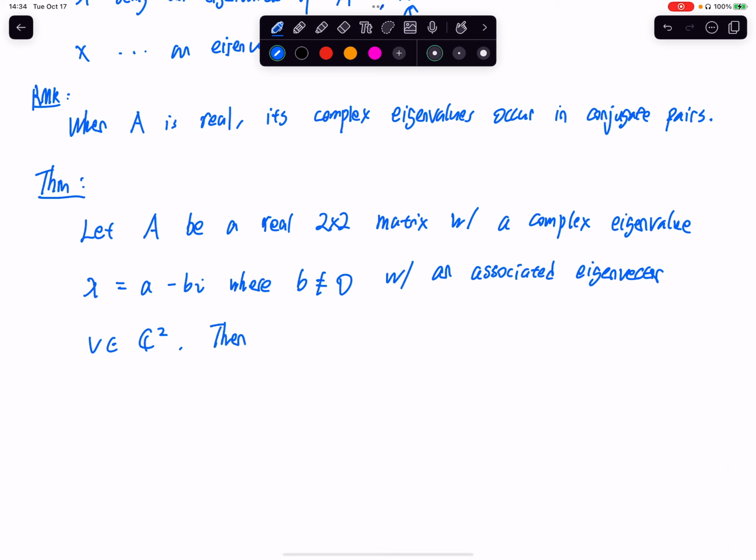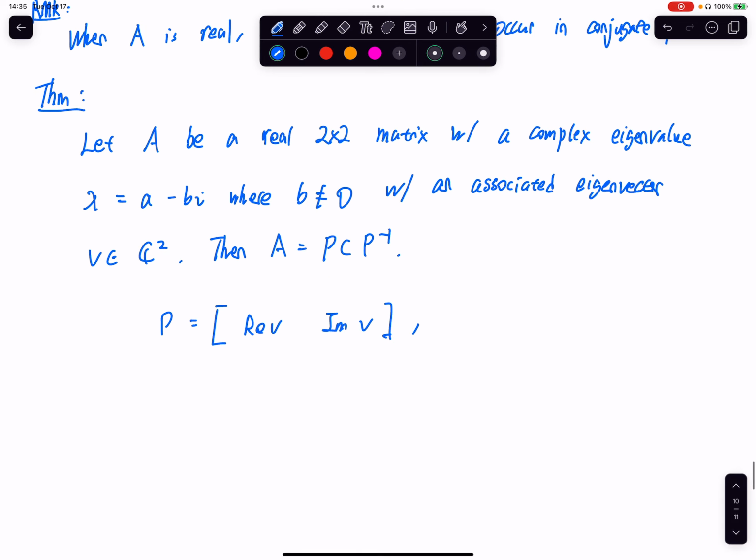Then A equals PCP inverse, where P equals the real part of v and the imaginary part of v, and C equals [a, b; -b, a]. This is a very powerful result.